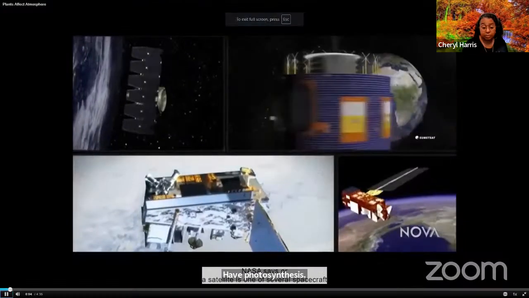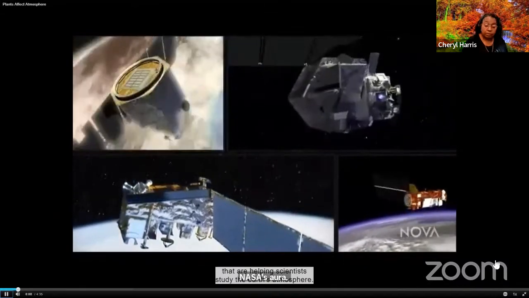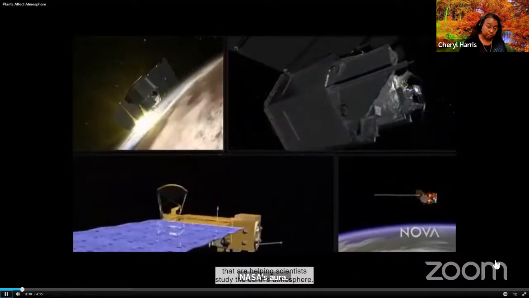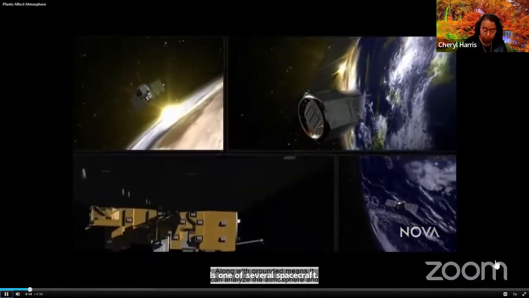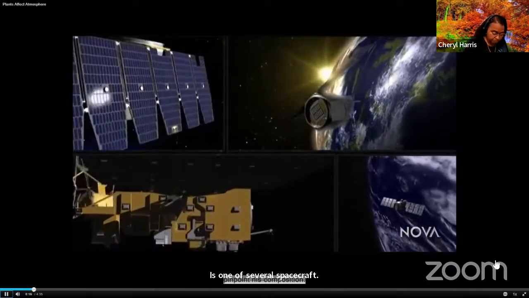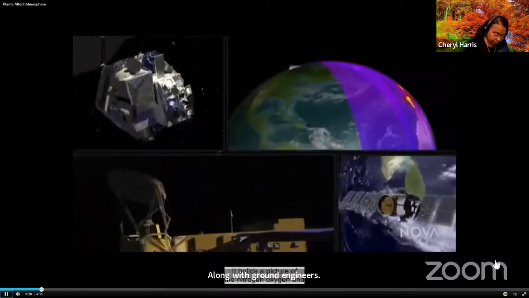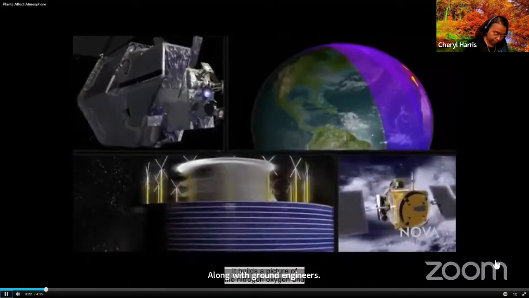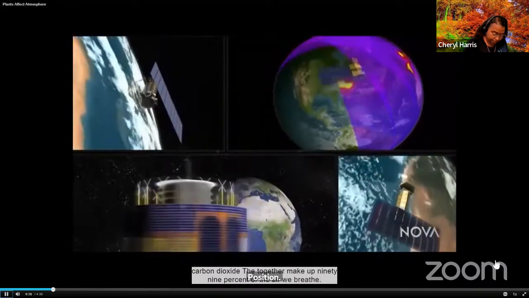NASA's Aura satellite is one of several spacecraft that are helping scientists study the Earth's atmosphere. Along with ground instruments, it can analyze the atmosphere and its composition. It paints a picture of the nitrogen, oxygen, and carbon dioxide that together make up 99% of the air.